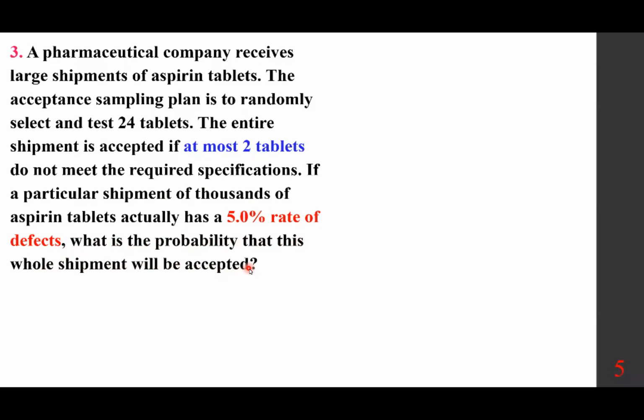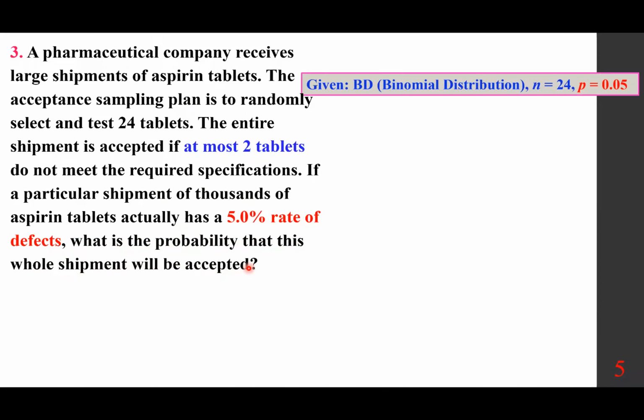Anytime you deal with statistics, the questions are normally word problems. We need to read and reread to understand what is given. What we are dealing with is a BD, binomial distribution. If we claim we are dealing with BD, we must give back 2 numbers, n, which happens to be 24, and p.